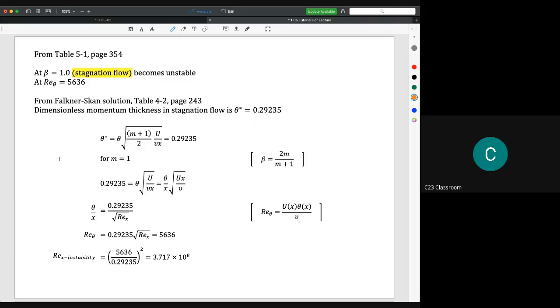So we get it is equal to 5,636, and finally we could get the ideal of this one.